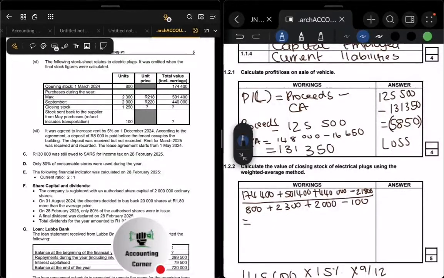So 174,400, 501,400, and 440,000 minus 21,800 divided by 800.